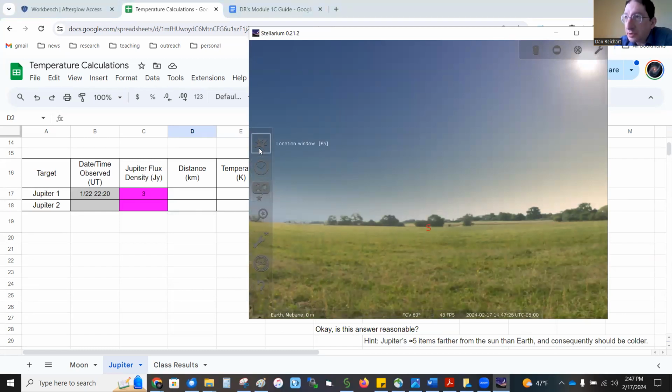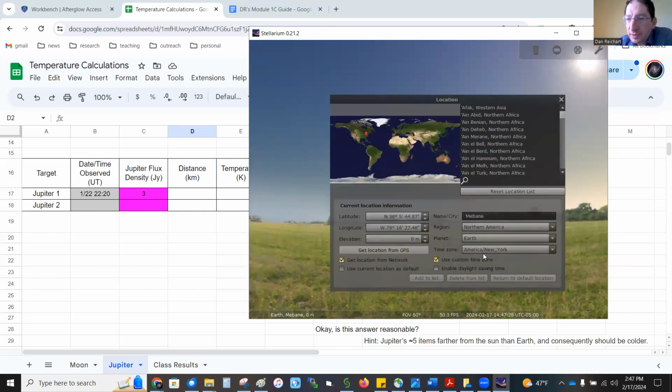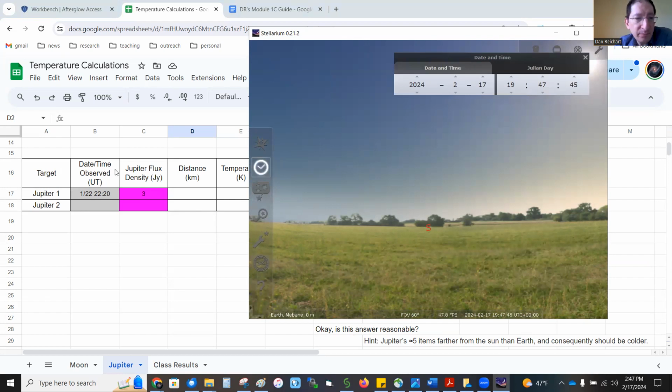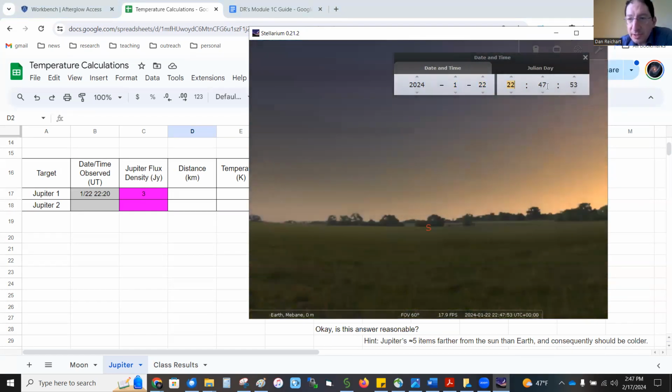First, you want to go to the location window, use custom time zone and change it to UTC to match the date and time that you have. Then go to the date and time window. This particular observation was taken January 22nd at 22 hours and 20 minutes.